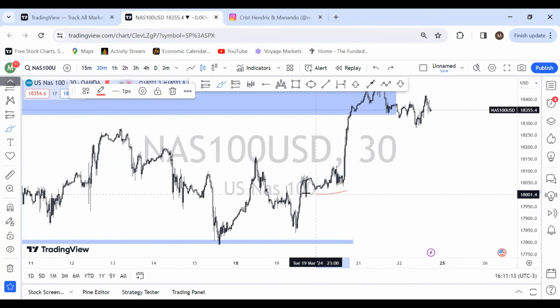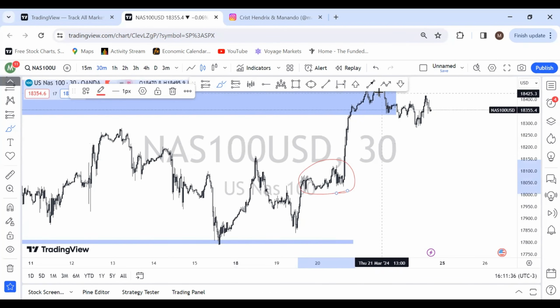And then here we had something very interesting. We had the price correcting, which is the second phase of price movement. So when it comes to corrections, we have different types of corrections. We have the continuation and we have the reversal as well.